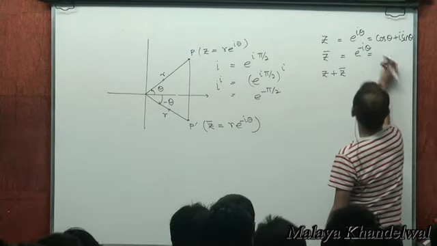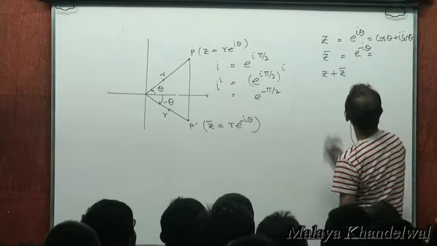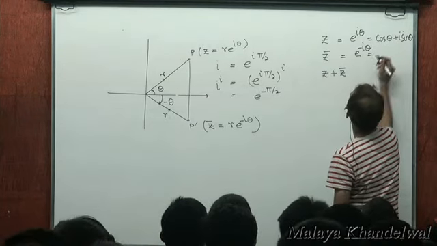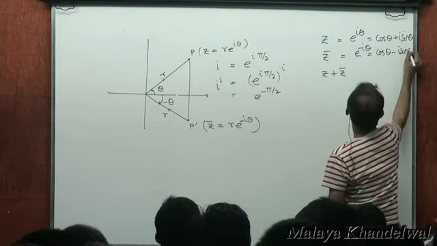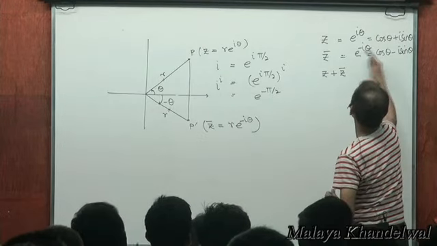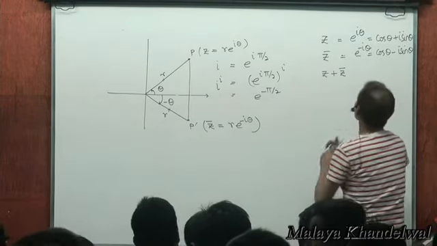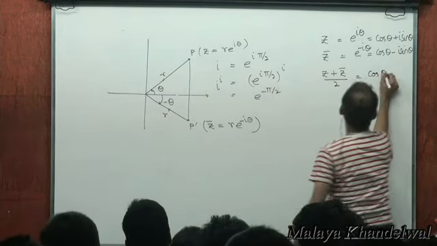Euler, I'm discussing you, man. Z bar is cos theta minus i sin theta. Right? Then z plus z bar is going to be 2 cos theta.